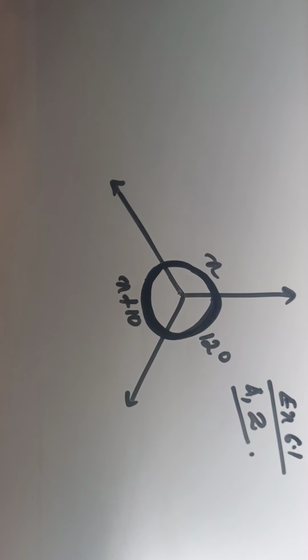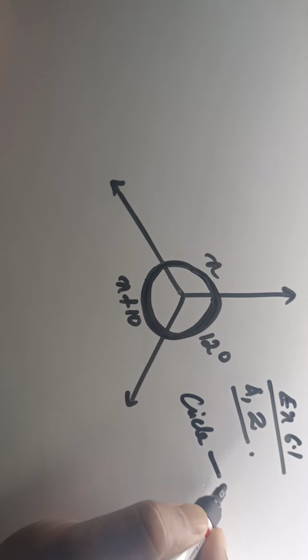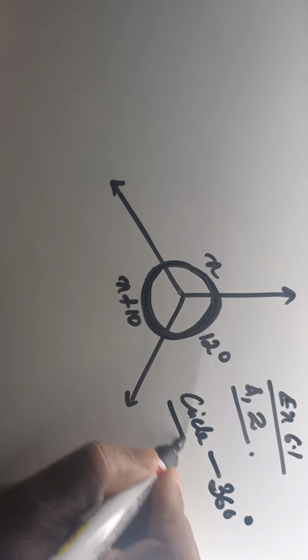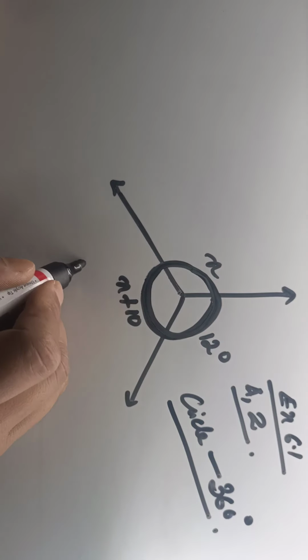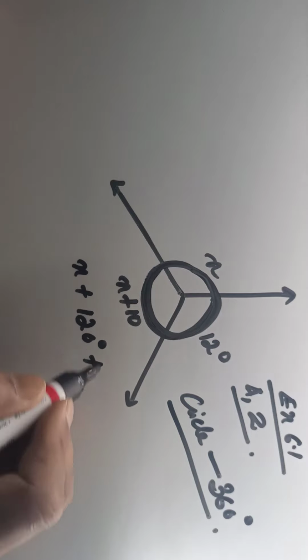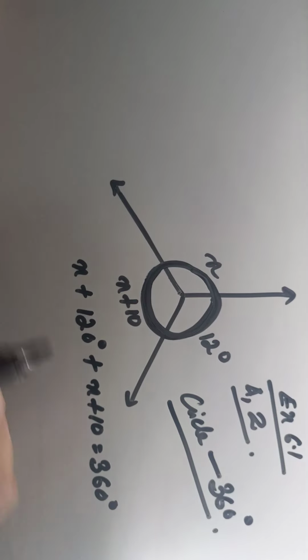Now when you take the case of a circle, you know that the total sum of the angles in a circle is equal to 360 degrees. Remember, for a circle it is 360 degrees. Basing on this concept, we will solve this problem. So I can write x plus 120 plus x plus 10 is equal to 360 degrees.